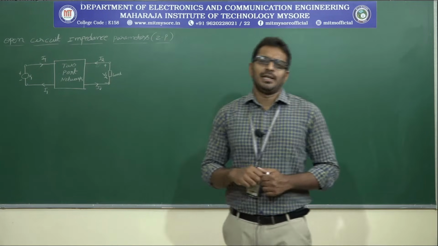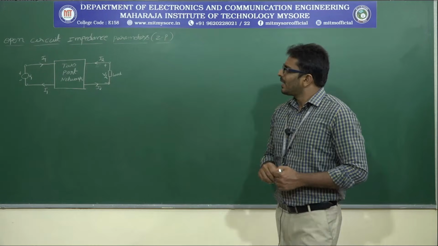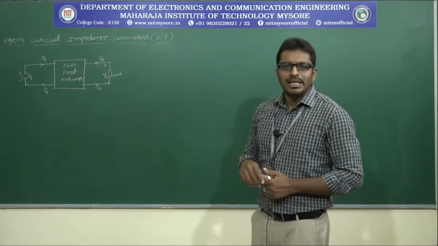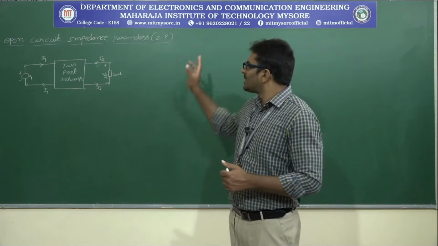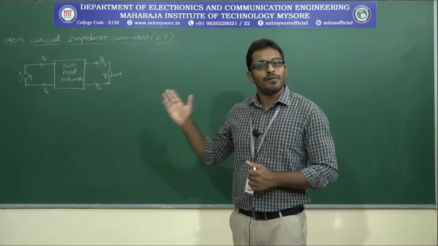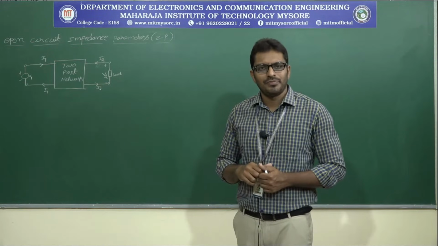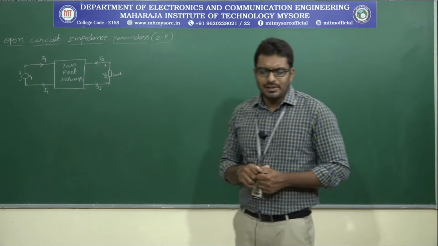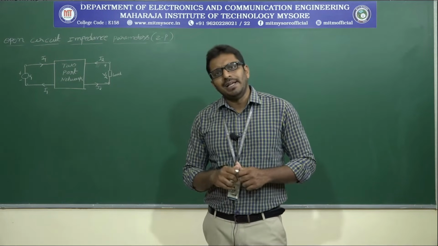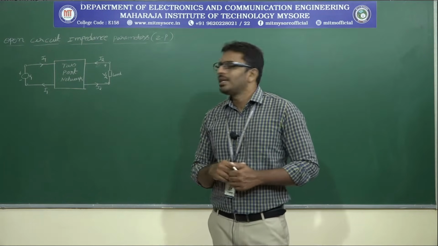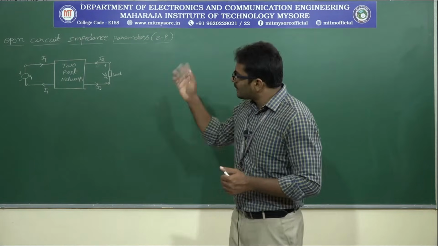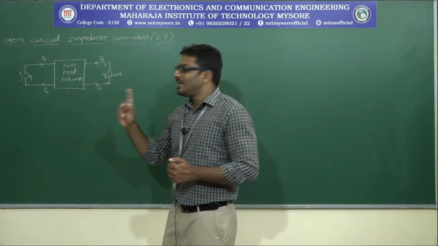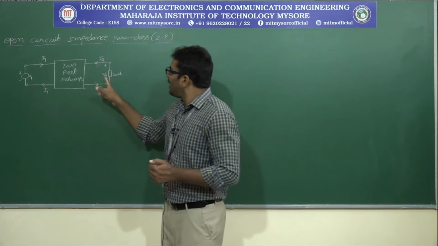Okay, now let us discuss one by one the sets of parameters. The first one is open circuit impedance parameters, commonly known as Z parameters of a two-port network. These Z parameters are obtained by expressing voltages at the input port and output port.